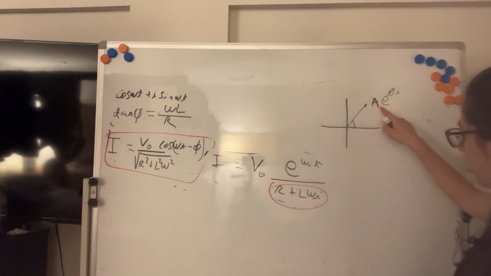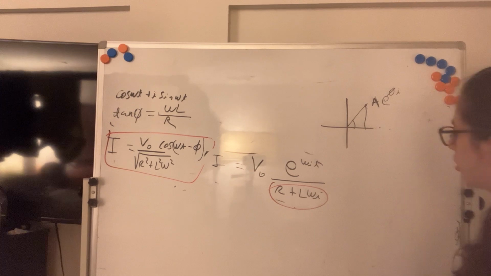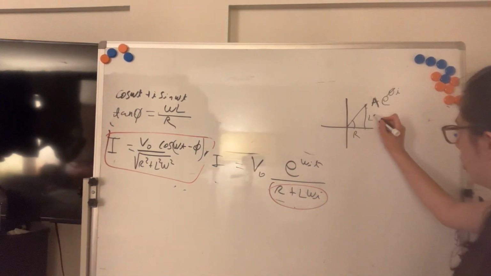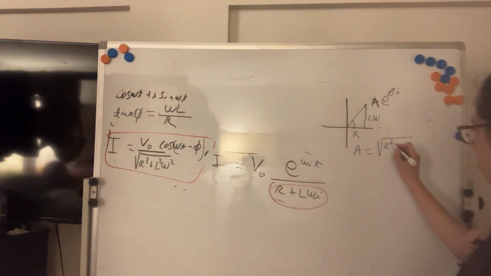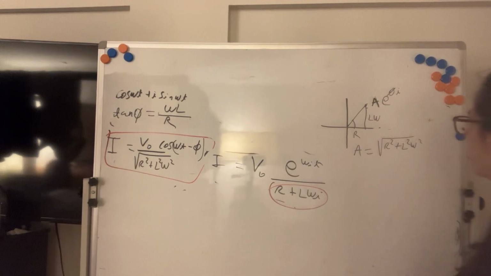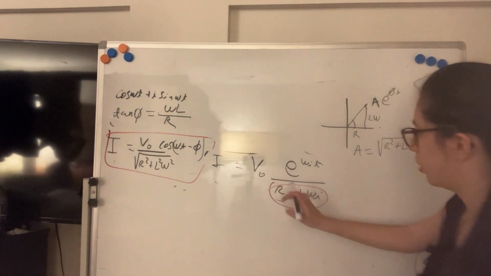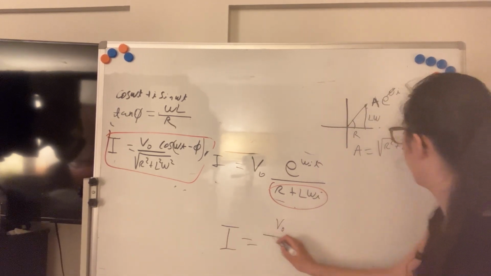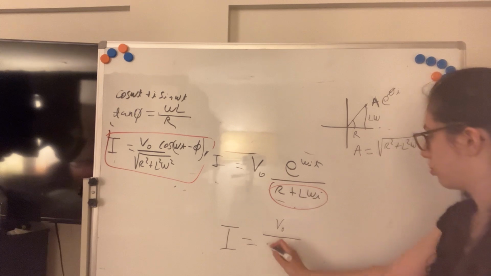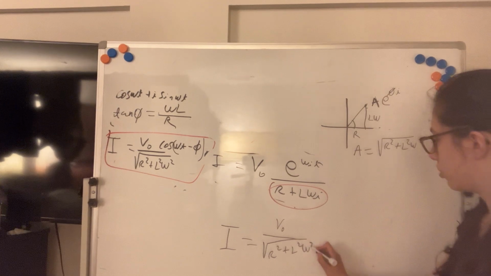So this A is this magnitude. If I have R here and L omega here, I have that A is equal to the square root of R squared plus L squared omega squared. Phi is this angle. Here I would have I equal to V O over this, because this is the complex number, so over the square root of R squared plus L squared omega squared.